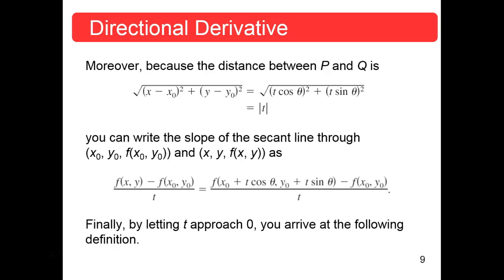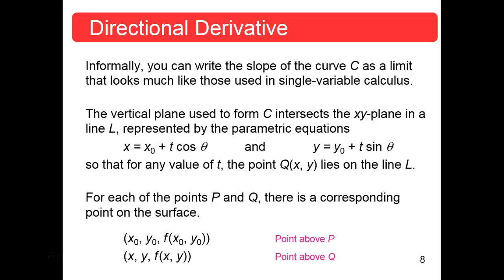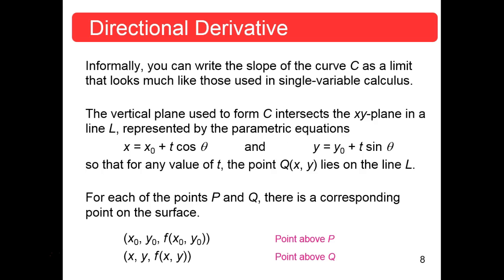All right. Moreover, the distance between P and Q, back here, that distance down there is related to that variable t. The distance between P and Q is the square root of (x minus x0) squared plus (y minus y0) squared, where x minus x0 is t cosine theta and y minus y0 is t sine theta.